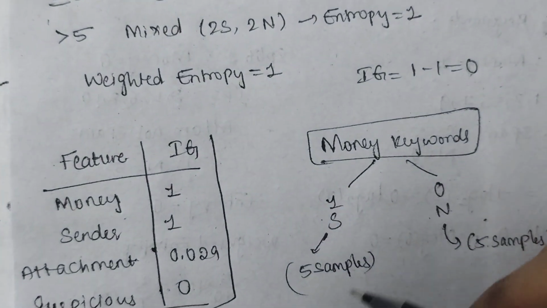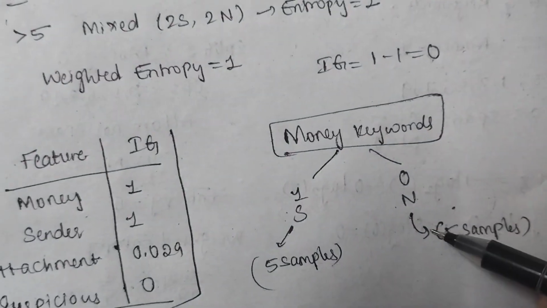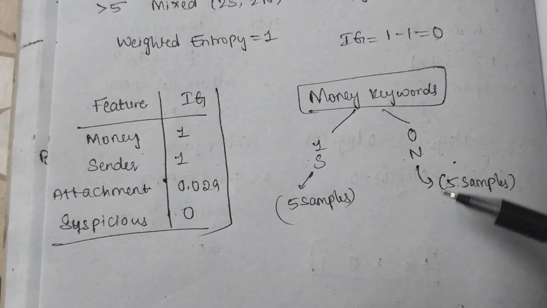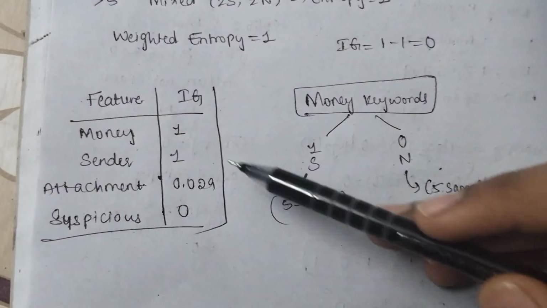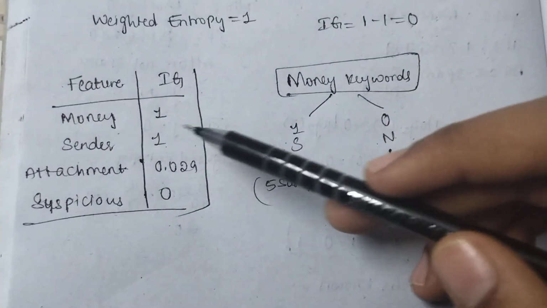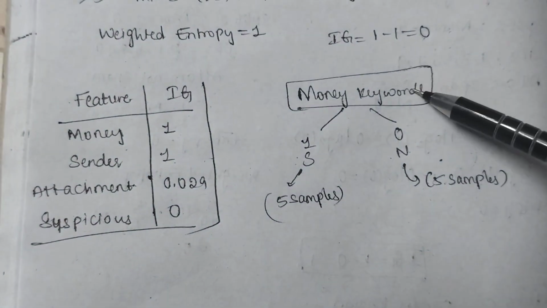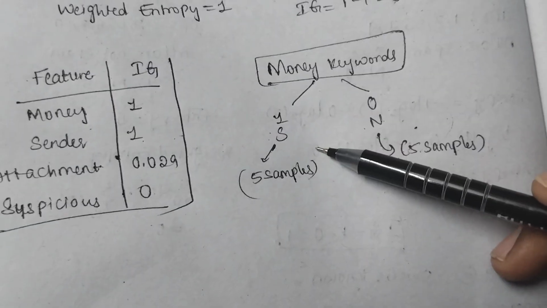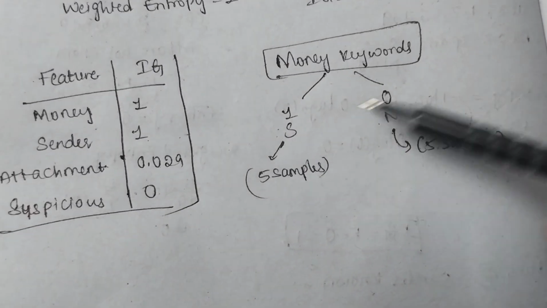It has 5 samples as spam and 5 other samples as not spam. Here we have both money and sender giving IG as 1. We can choose any one of them. I have chosen money keywords, so we can split it like this. This is the tree that we got. We can draw it in this way, with spam and not spam.